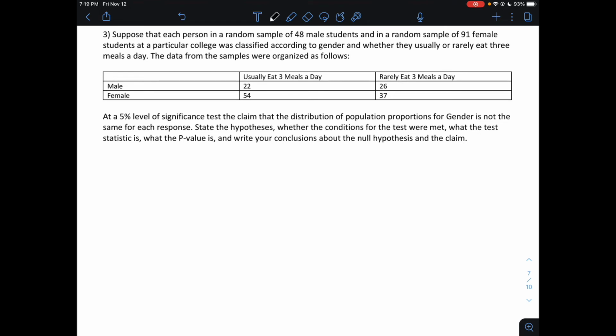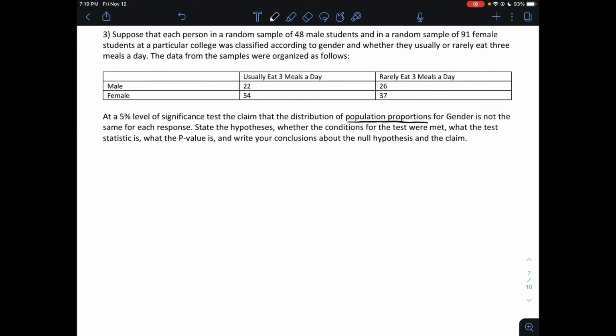So here, this is what was covered in section 9.4. This is looking at the idea of we've got population proportions, but they're in a two-way table. So the previous problem, number 2, related to population proportions, but they weren't in a two-way table.